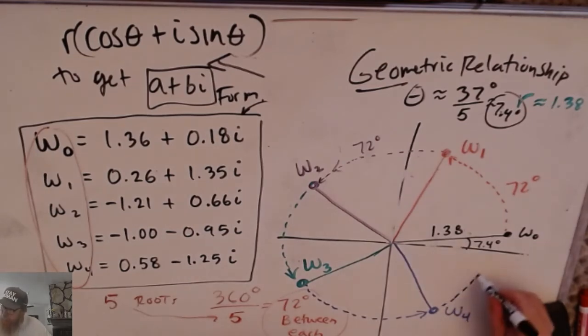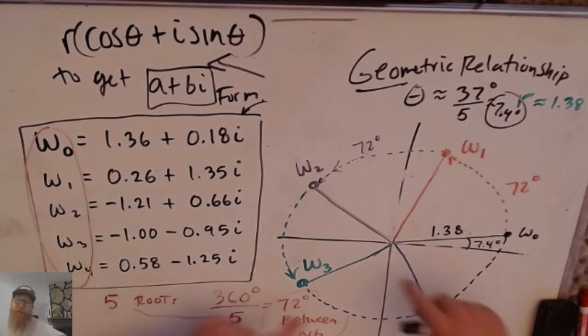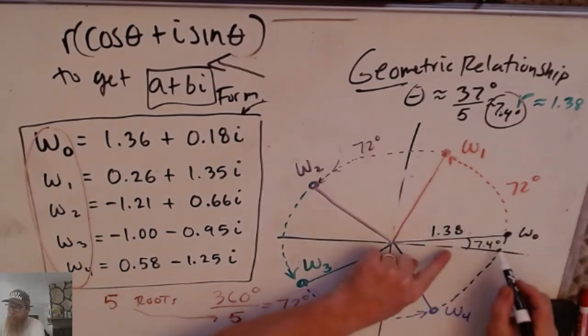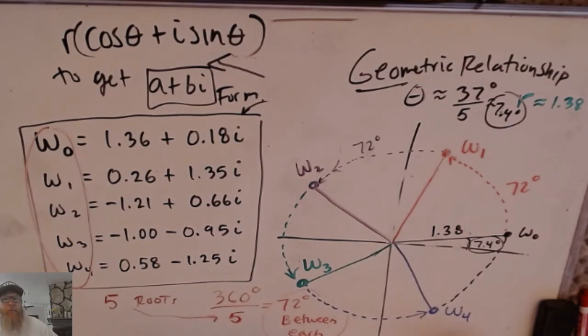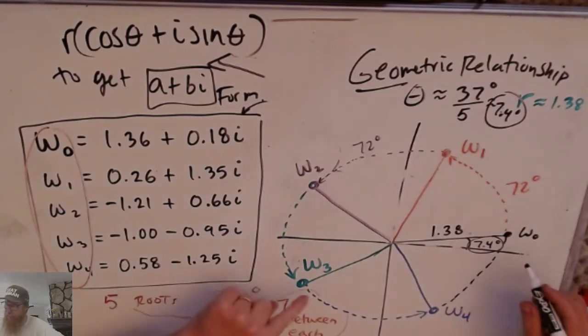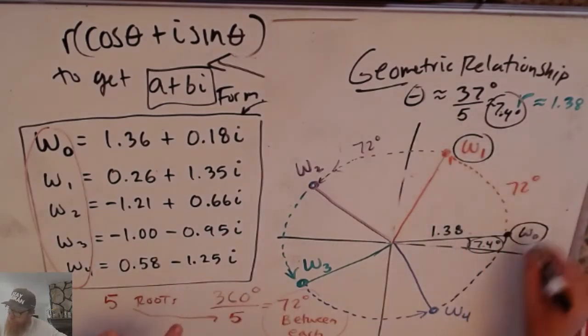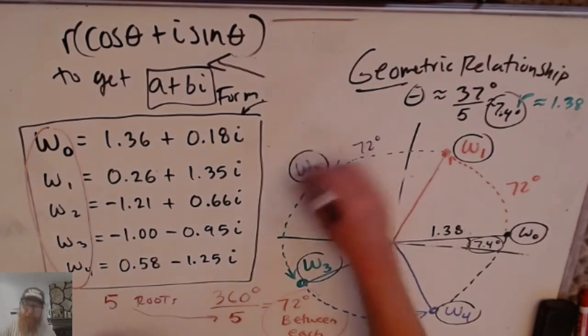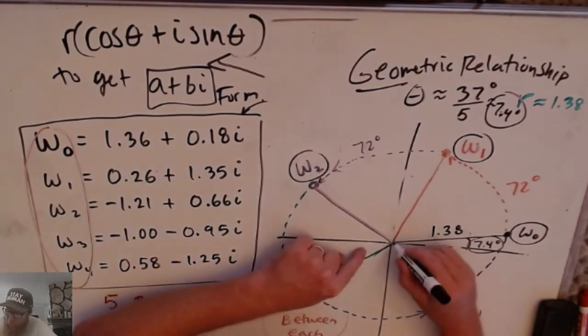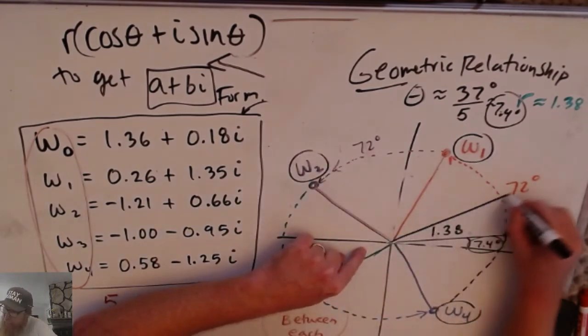So geometrically, if you wanted to check your answer, I'm really glad I did, because had I not drawn the picture, I might not have even caught the fact that that was only 7.4 degrees. What was the 37 degrees? I should mention that. So these are the roots. Your original point was here.